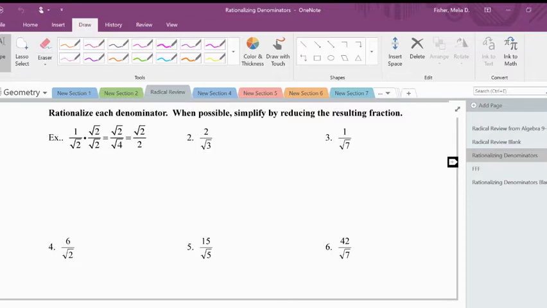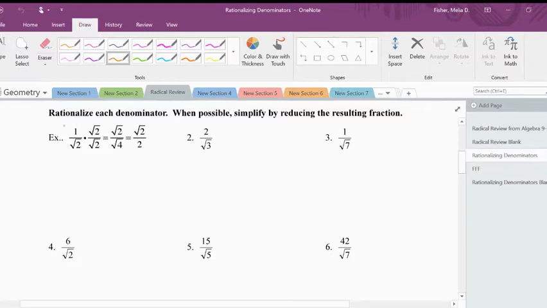Rationalizing the denominator means that we're going to set the denominator so that it has no more radicals left. In the example they showed us, the original fraction was 1 over the square root of 2.